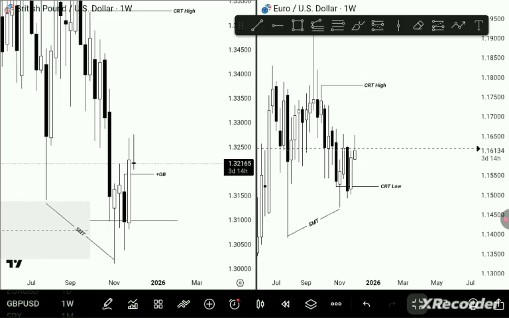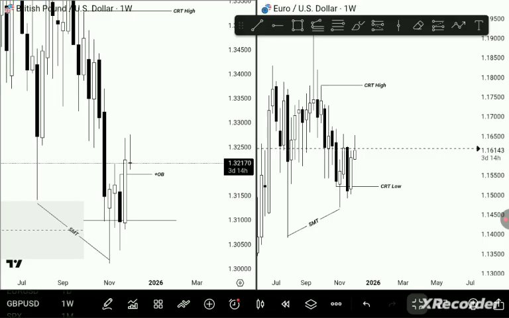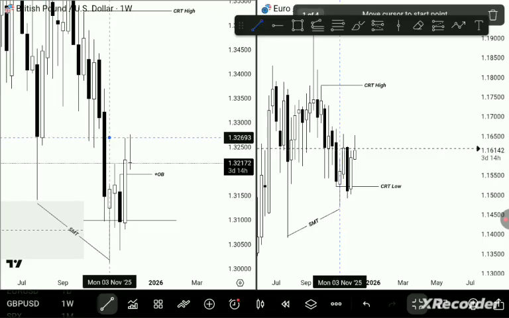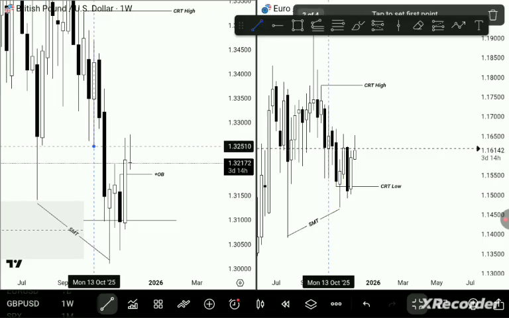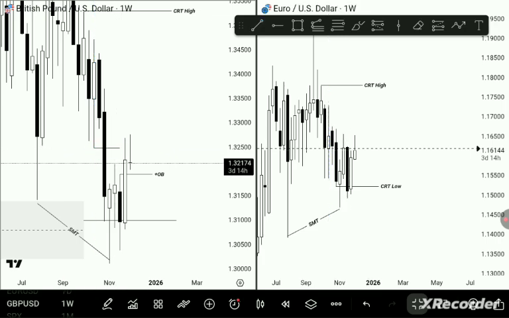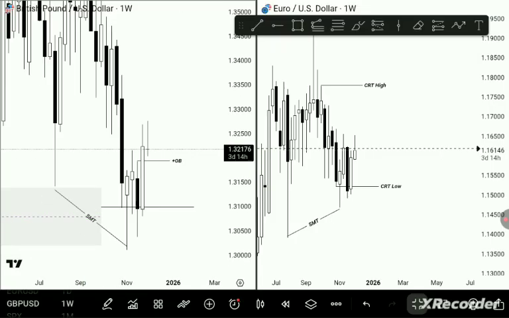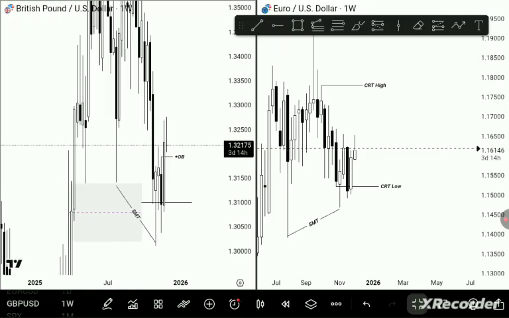Then if price would be bullish, that's fine. I should be aware of this order block on my left, right? But I still disregard it because we are coming off from a higher time frame key level.